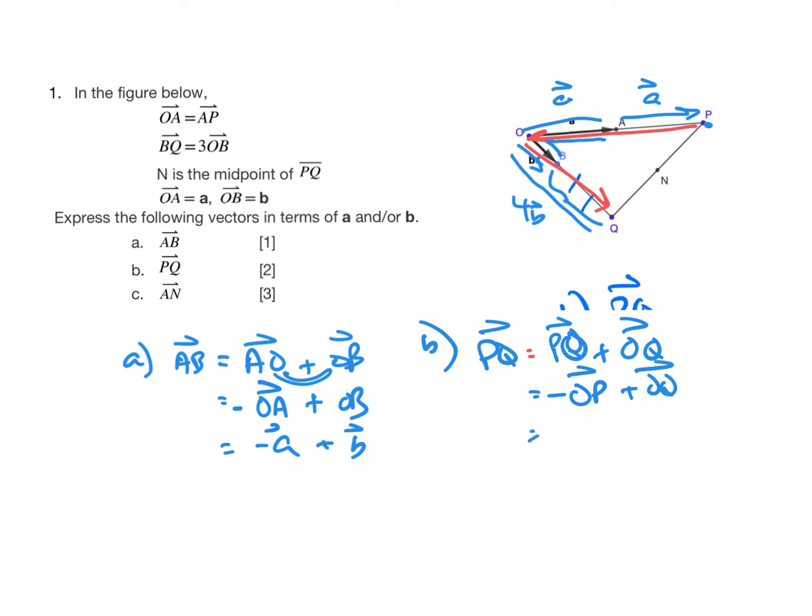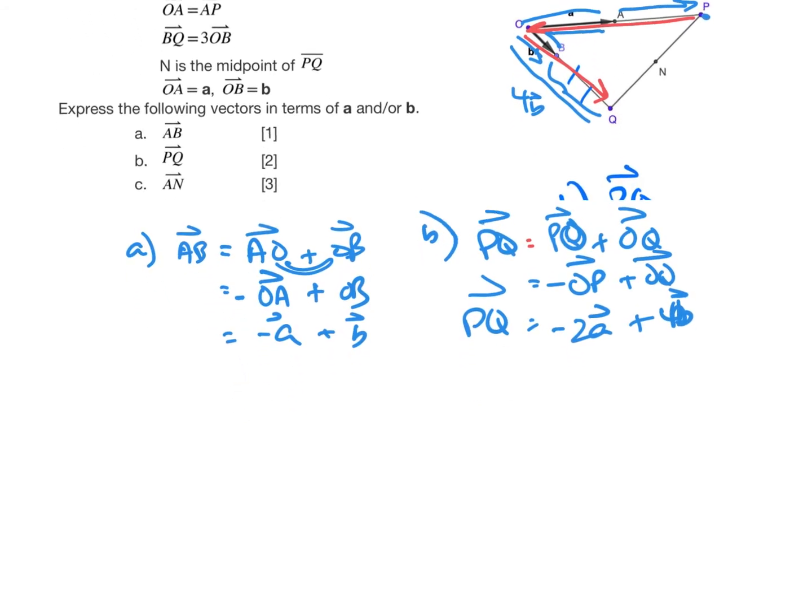Negative O to P is 2A's, so negative 2A's plus OQ is going to be 4B's. Okay, and there's PQ.